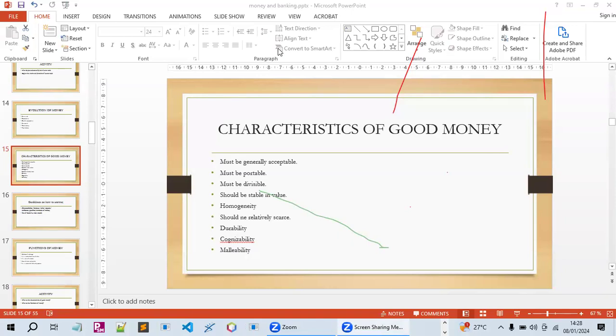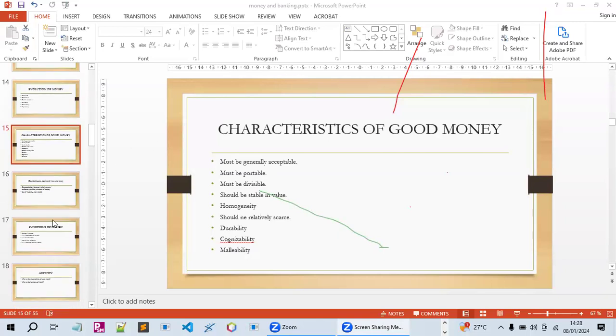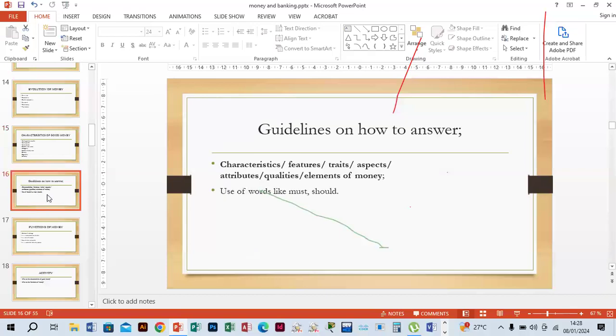Yes, features, that's good. Or other words that can mean characteristics. You can also add qualities. You can write them down.